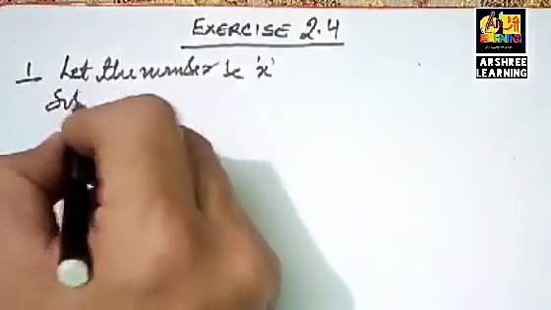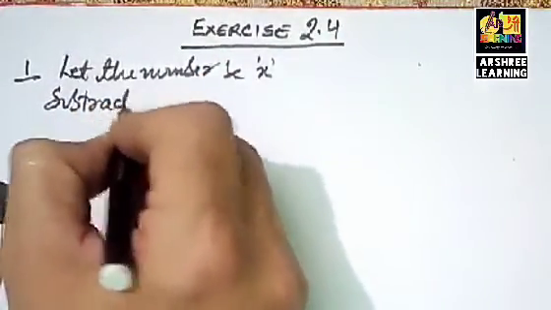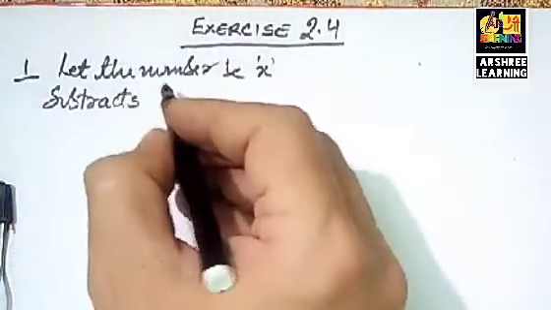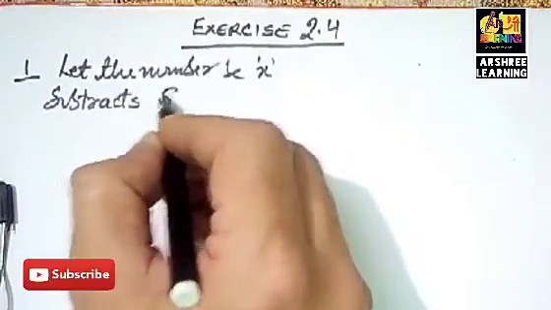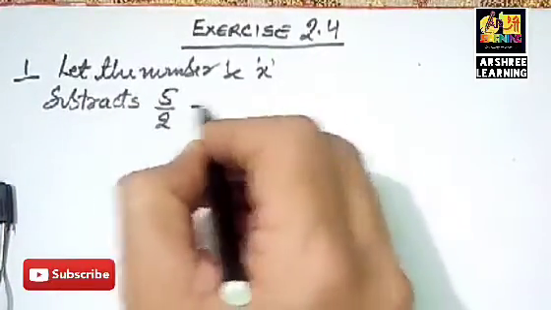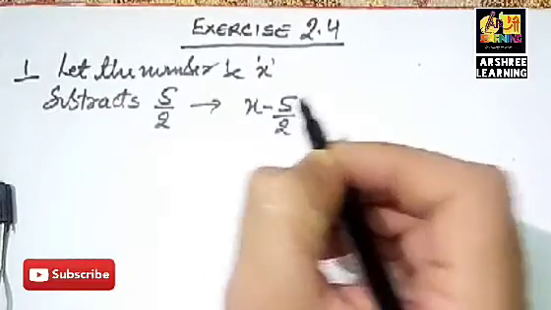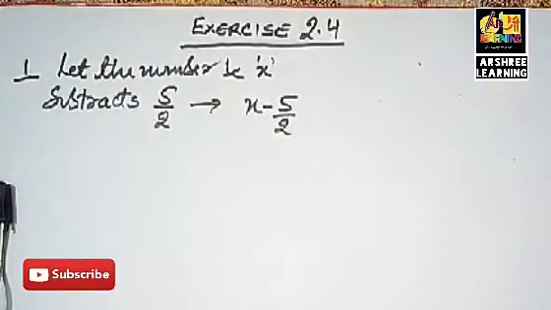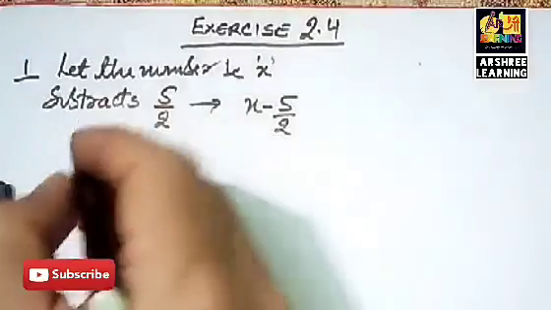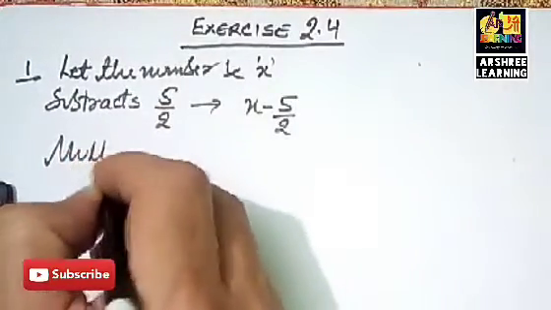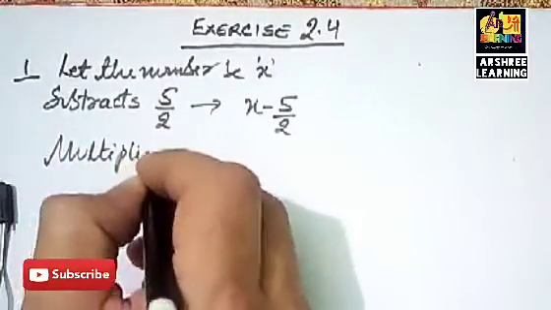And then subtracts. Since there is a subtraction, subtracts 5 upon 2 from it, which means x minus 5 upon 2. Then the next step says she multiplies the result.